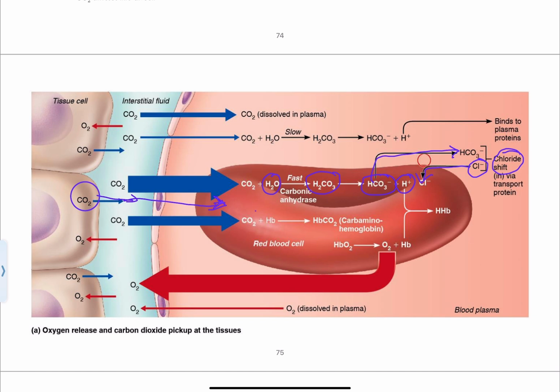We also have a small amount of carbon dioxide, only about 20%, that will go in and bind to hemoglobin directly, not in the same place as the oxygen molecule, but instead will bind to an amine group on an amino acid, which is why once it's bound to hemoglobin, we call it carbaminohemoglobin. A very small percent, less than 10% of carbon dioxide that's entering into our blood will just remain dissolved in plasma.